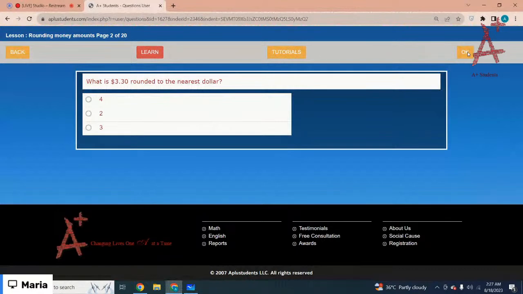What is 3.30 rounded to nearest dollar? So 3.30 is rounded off to? Yes, it is rounded off to 3. The correct option is 3.